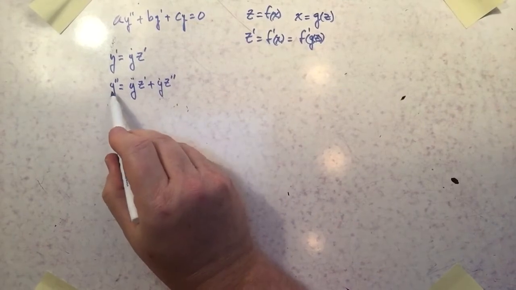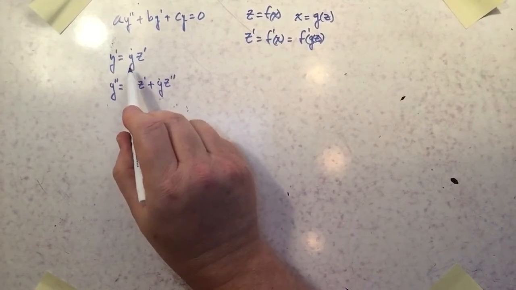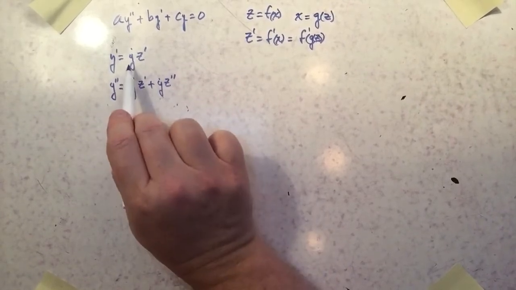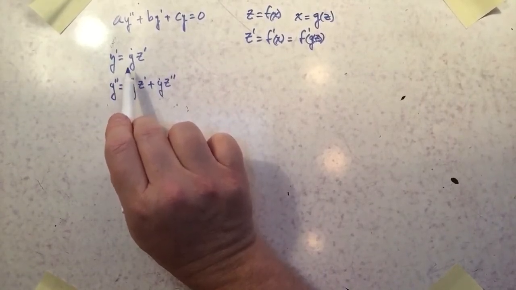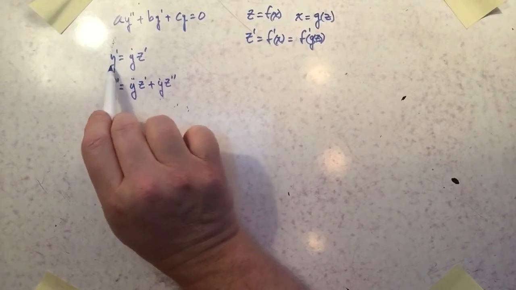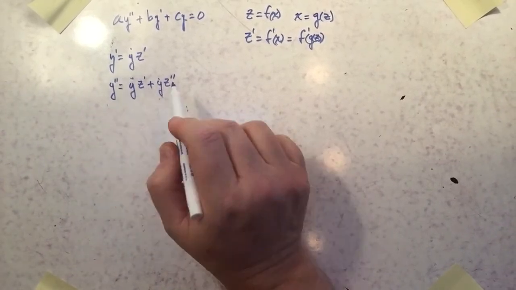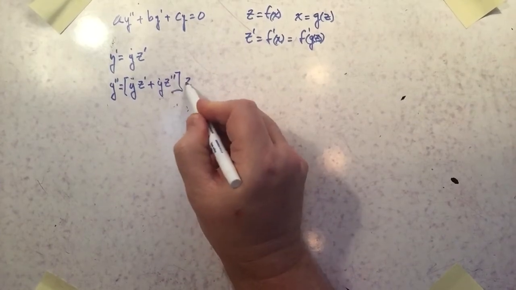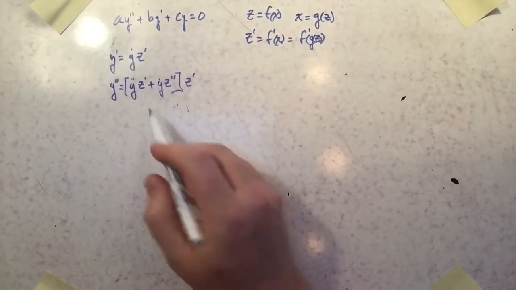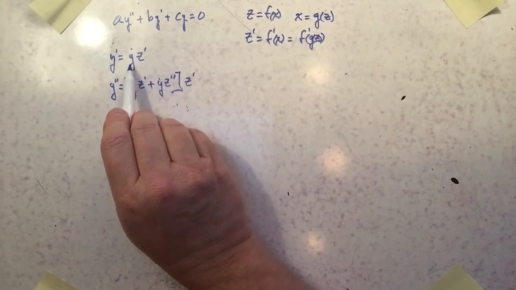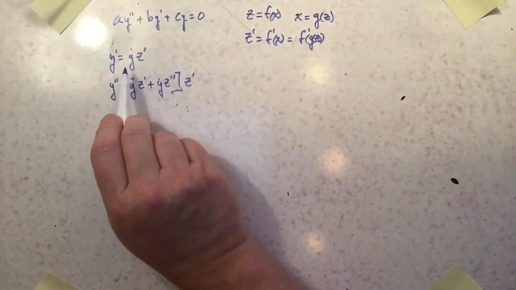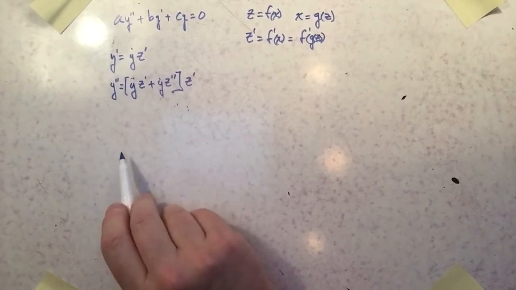Because that second derivative was applied to this entire thing, this just refers to what y' contained inside of it, since it's substituting in for y'. So this whole thing is still multiplied by z' for the chain rule. This is the inner product of the chain rule for y dot times z', and these come as a result of them being part of y', right?